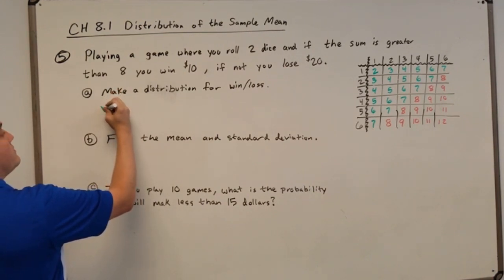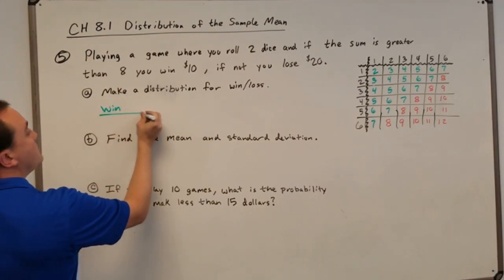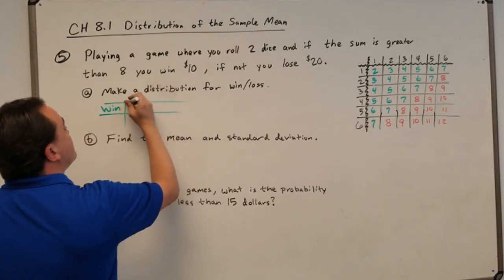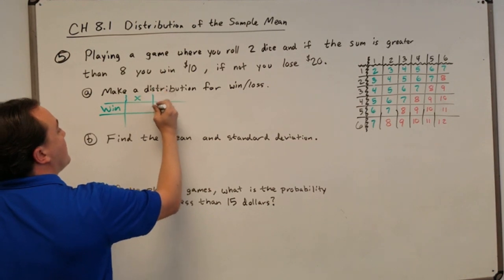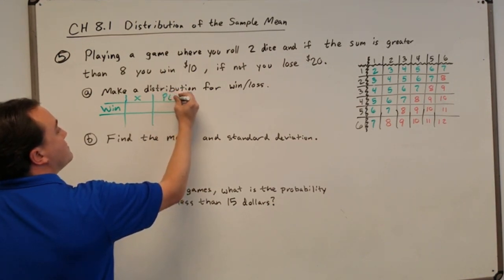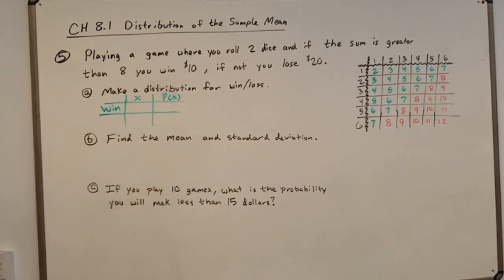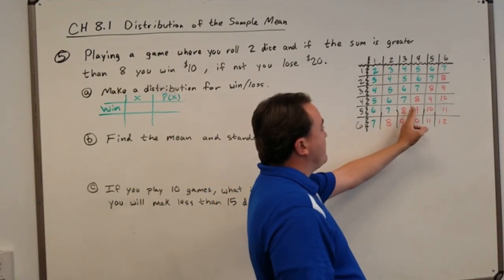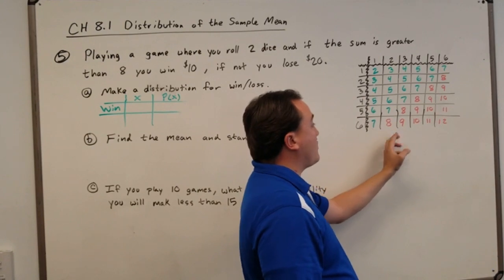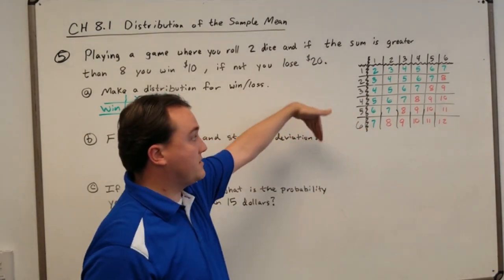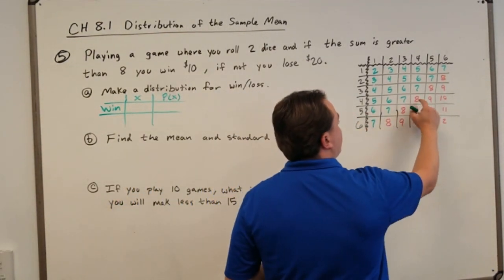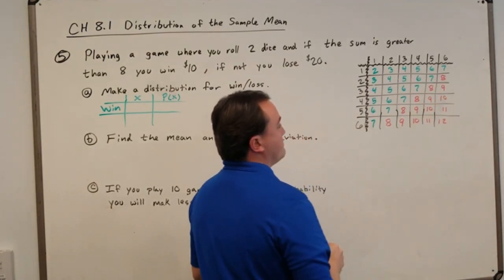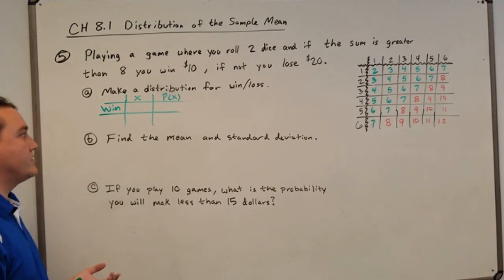If we win, and we'll call each of these x, and then the probability of that x. If we win, counting up however many of these there are, and it's out of 36 because it's a 6 by 6 table, we have 1, 2, 3, 4, 5, 6, 7, 8, 9, 10, 11, 12, 13, 14, 15. Okay, so we can win 15 different ways out of 36.